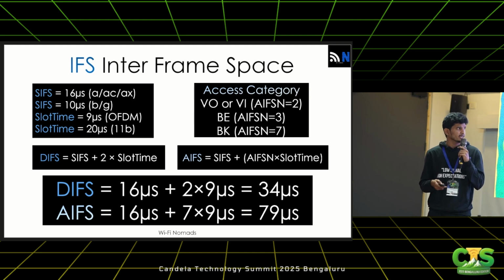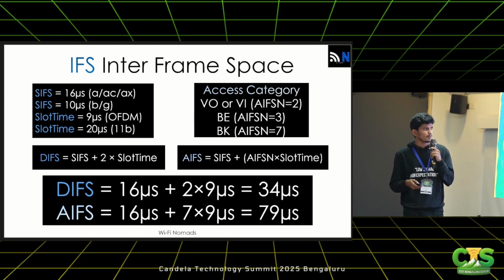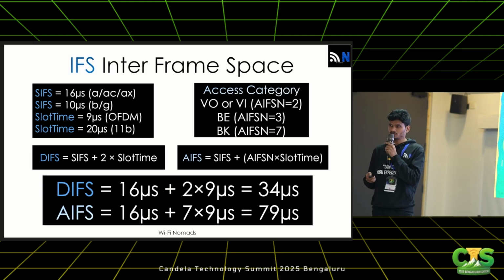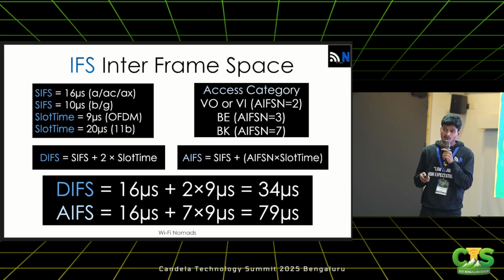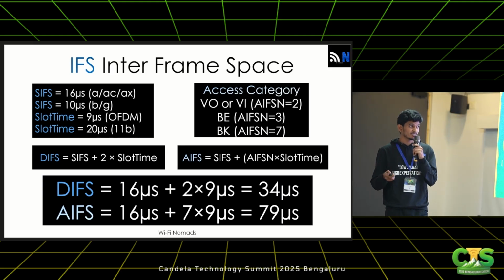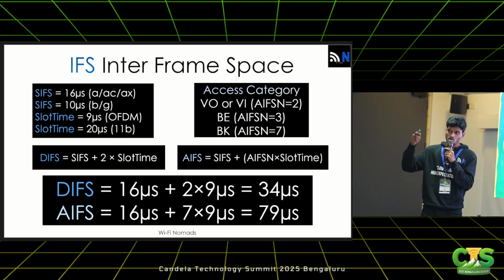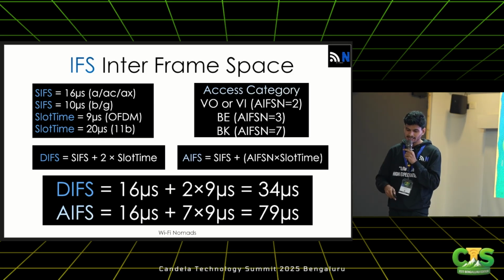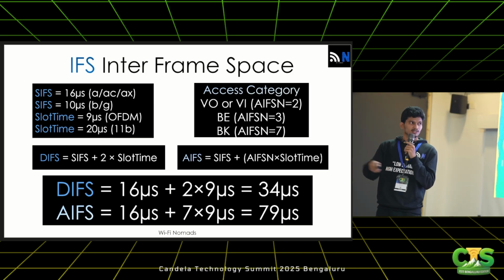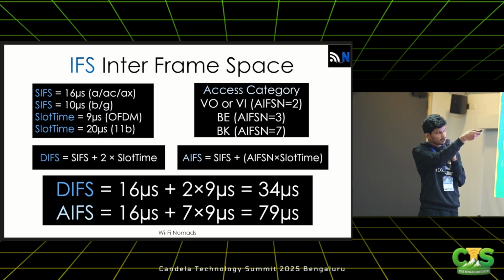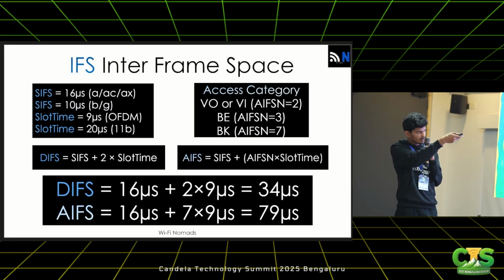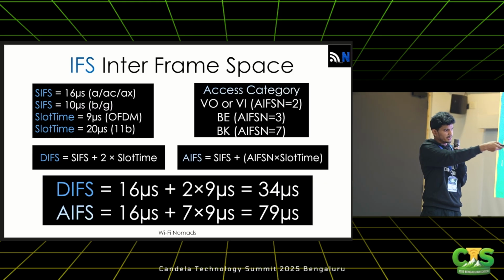If you look at the access category, in QoS we know that it gives priority to voice and video. It basically gives priority to voice and video by delaying other traffic types. So if you give the AIFSN as 2 here, you will get the same duration as DIFS, 34 microseconds.